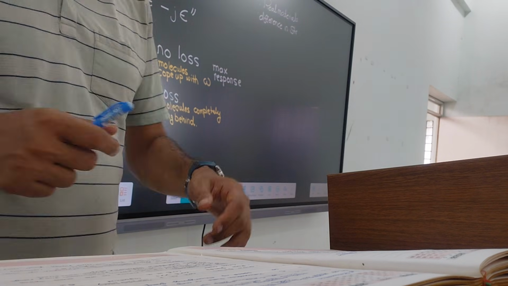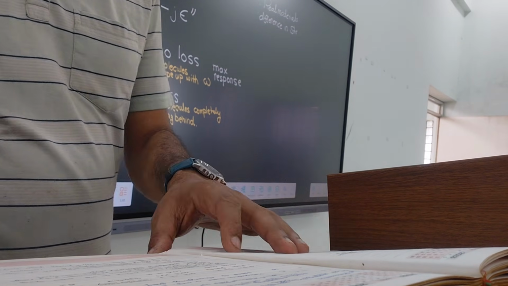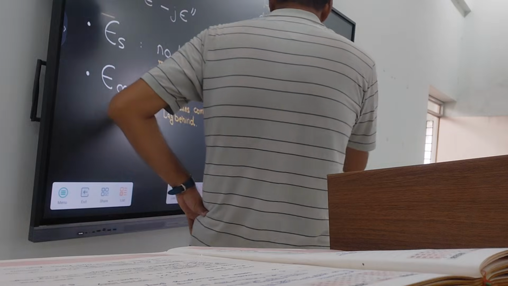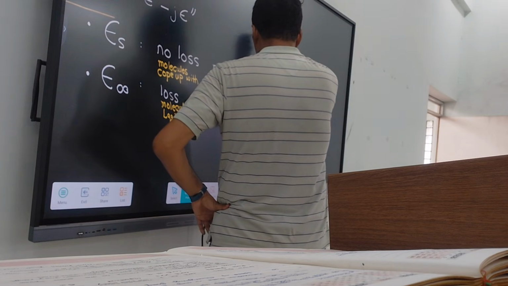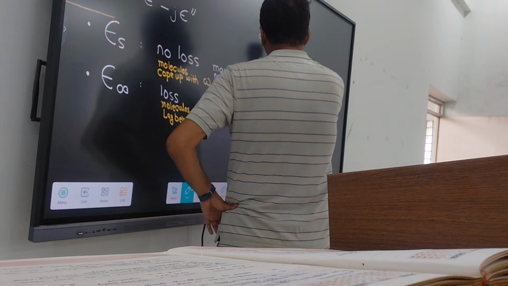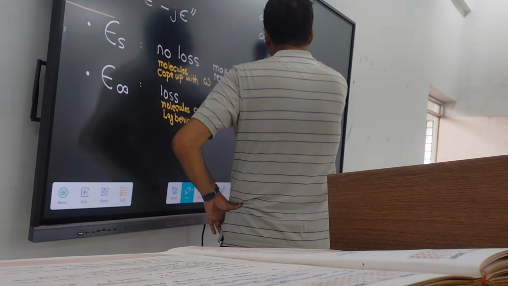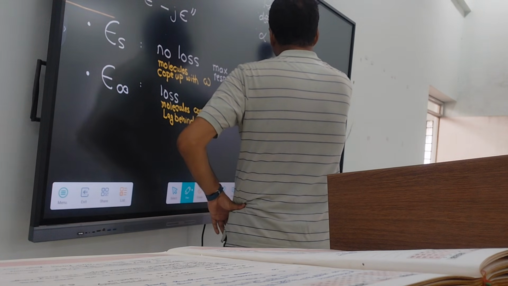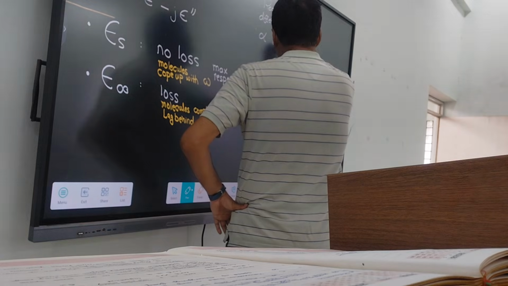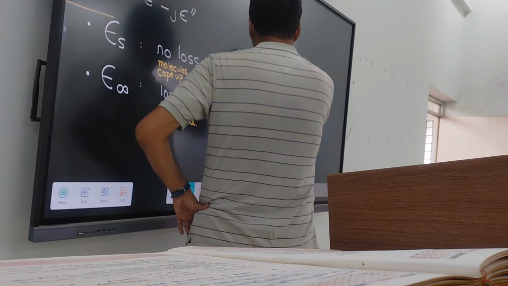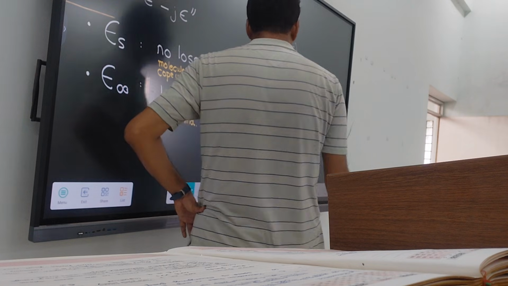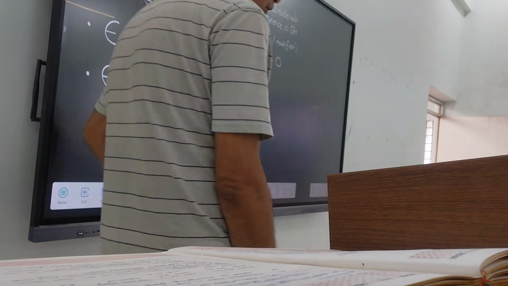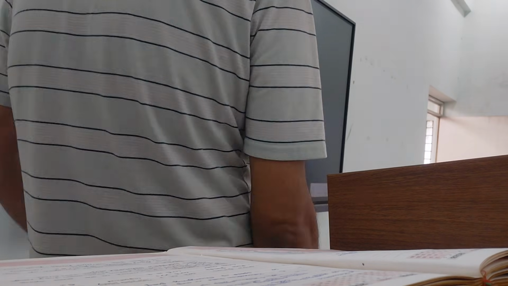ठीक है, तो उसके लिए दो चीज़ इंट्रोड्यूस किया गया था. One was introduction of a parameter called alpha, which is called a modifier. And alpha was always greater than 0. If alpha is equal to 0, that means there is no loss for the alpha is equal to 0.